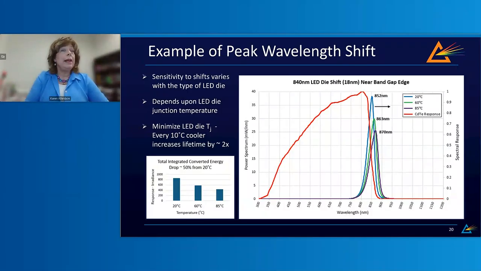This will dramatically affect the accuracy of the solar simulator, and it's something that you absolutely need to control for. For example, the bar chart on the left shows you the total integrated converted energy drops on the order of 50% when this kind of thing happens. So the LED spectrum, in short, should match within the entire bin, not just on the average.